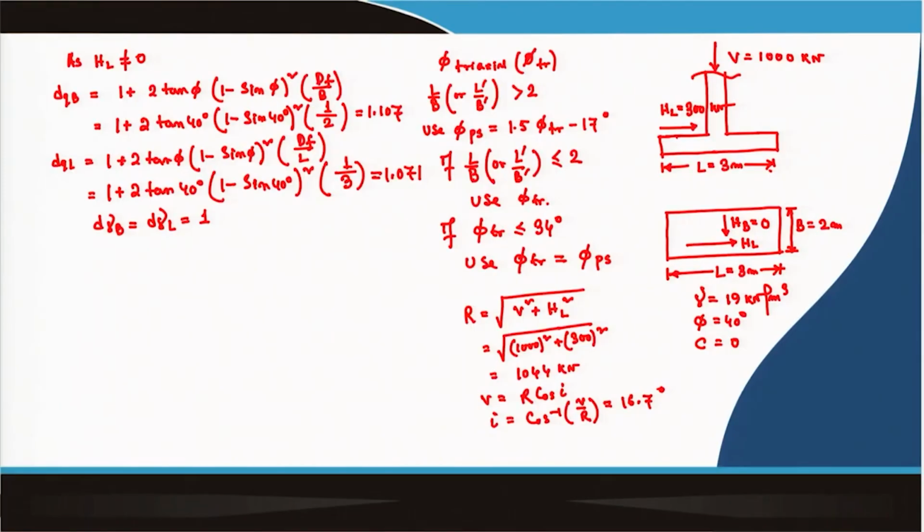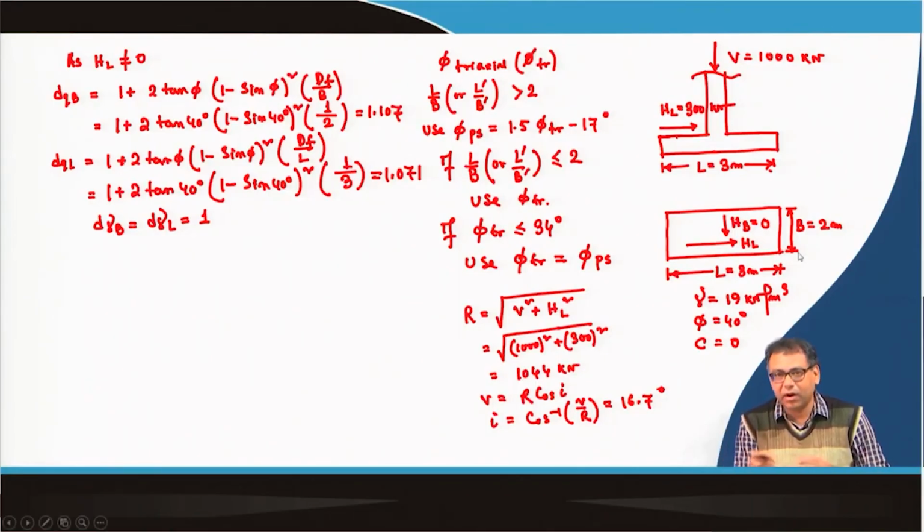So, this is the problem: the vertical load was acting with 1000 kilonewton, the horizontal load was 300 kilonewton, and the horizontal load was parallel to the length of the foundation. It is parallel to B, so the horizontal load HB is 0, but that can be both also.